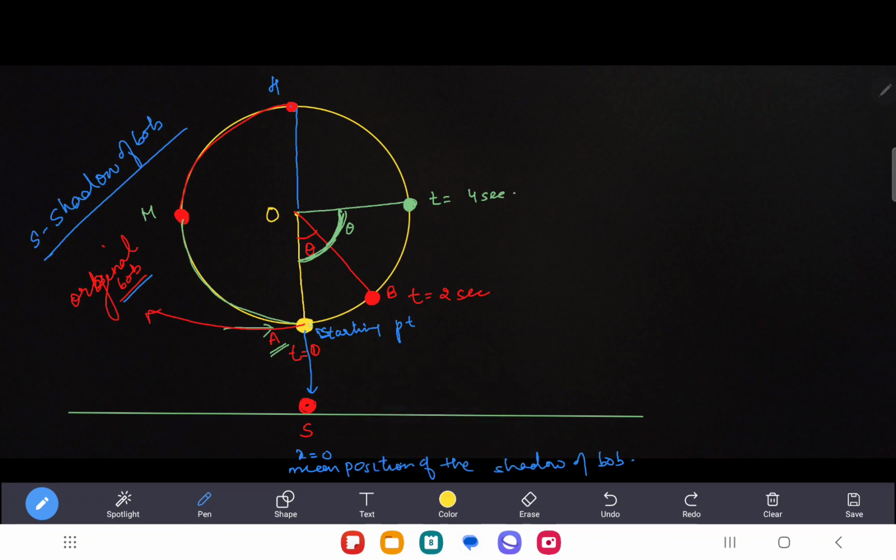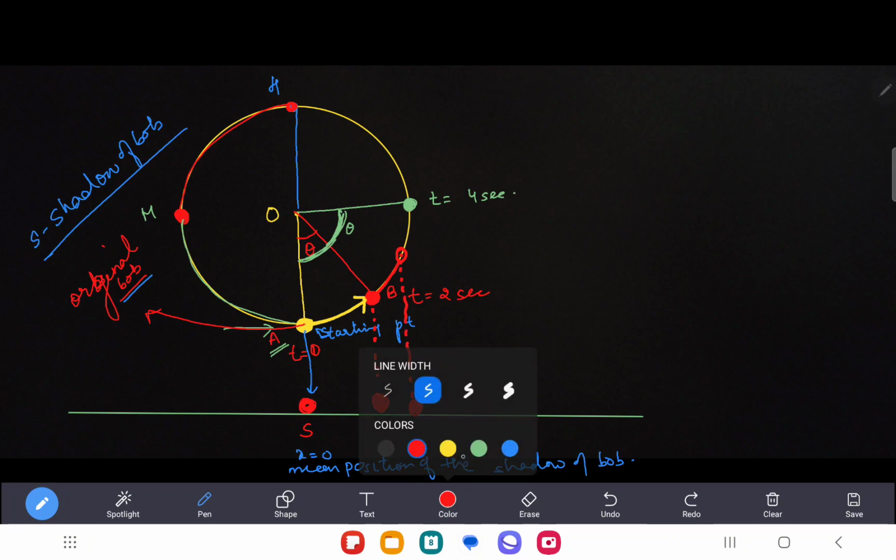Now understand, when the bob has moved a little bit upward like this, the shadow definitely comes under it here. Are you understanding? If the bob goes even higher here, the shadow comes here.